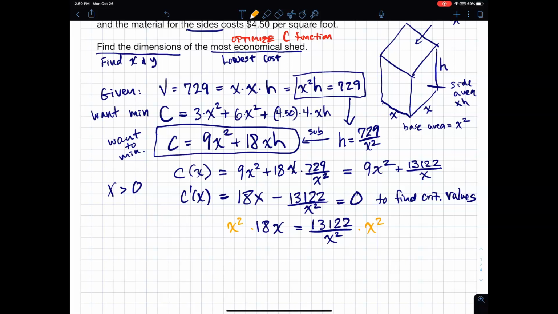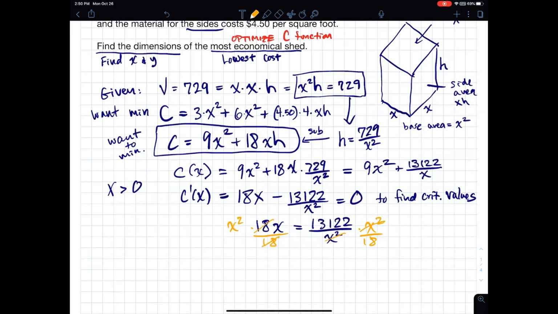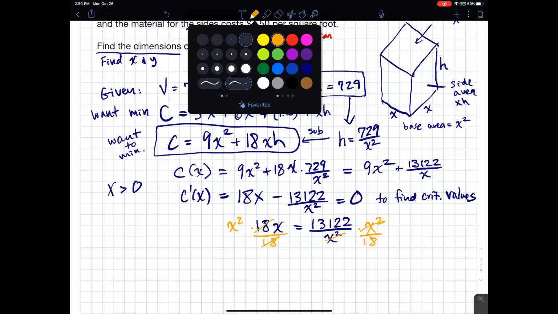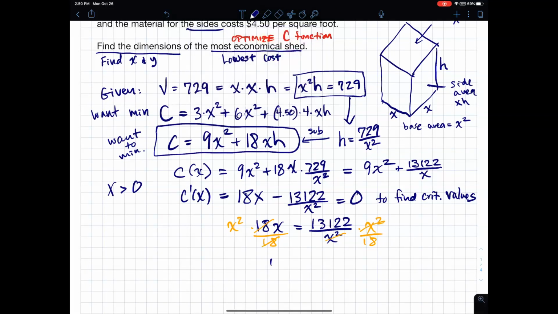And in anticipation of solving for my variable, I'm going to divide both sides by 18. And so if I do that, then I end up with x cubed equals 13,122 divided by 18. Well, I got that by multiplying 18 times 729, so I should get my 729 back.